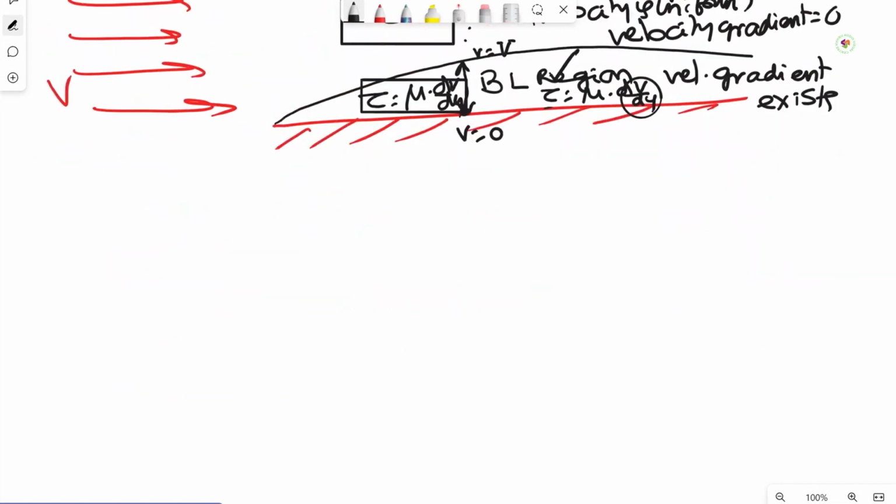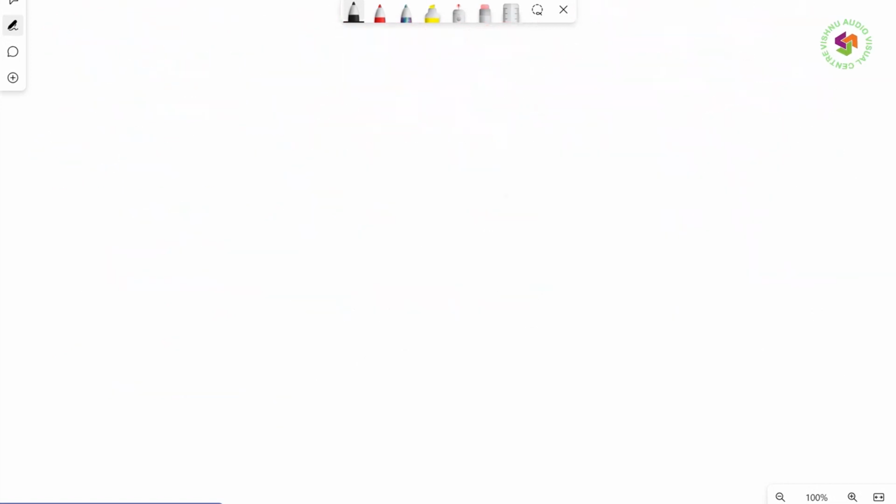So with this, what is a boundary layer? Boundary layer is a region near the solid boundary. When a real fluid flows past a solid boundary, the first layer of fluid adheres to the boundary. If the boundary is stationary, the velocity of that fluid layer is also 0.